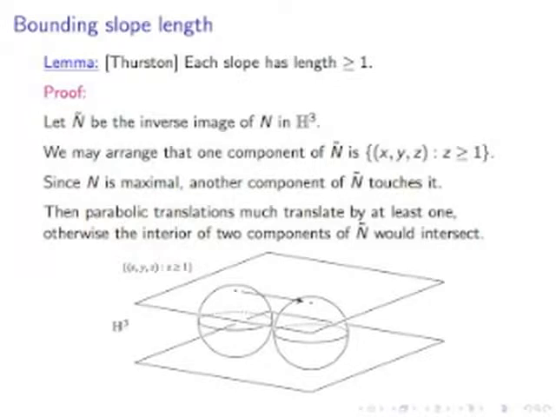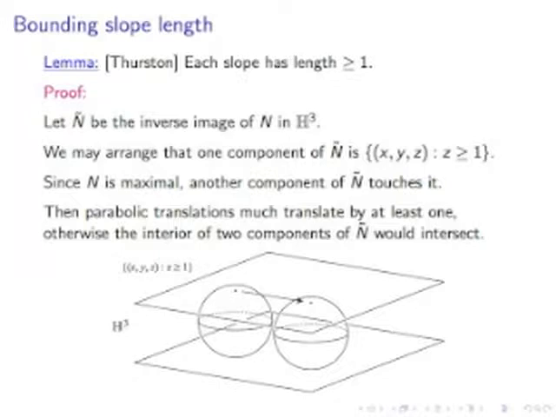Well, you let N tilde be the inverse image of N in hyperbolic space. And we arrange that one component of this is z greater than or equal to 1. There are other horoballs around, and there must be one that bumps into this z greater than or equal to 1. Otherwise, we could have expanded the horoball neighborhood a little bit further.